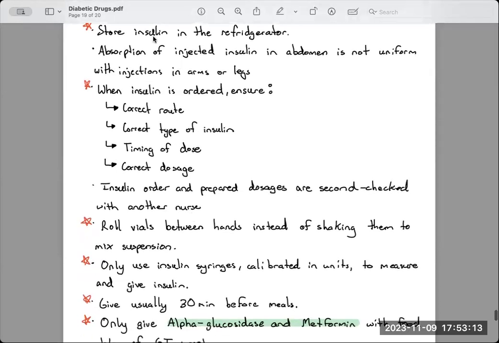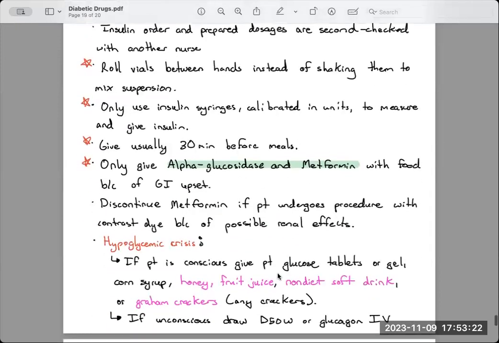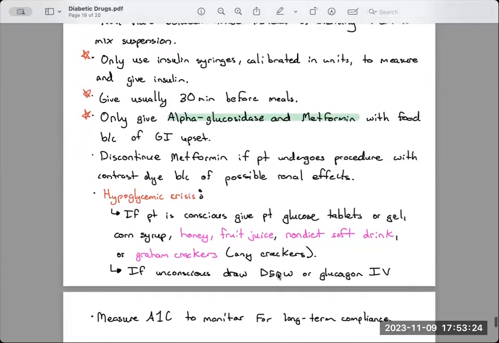Make sure you do your rights of medication and that you're using a unit syringe, not a milliliter syringe, which could kill the patient. You should roll the vials in your hands. Most oral medications you usually give 30 minutes before meals, but metformin and acarbose must be given with food because of GI upset.